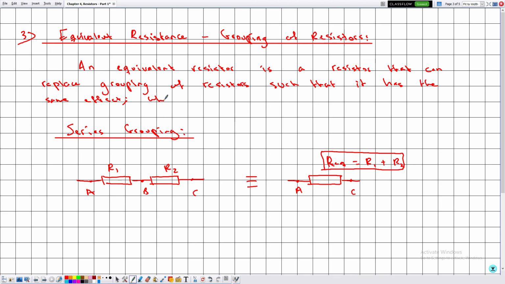So when we have the same applied voltage, then it will be traversed by the same current.